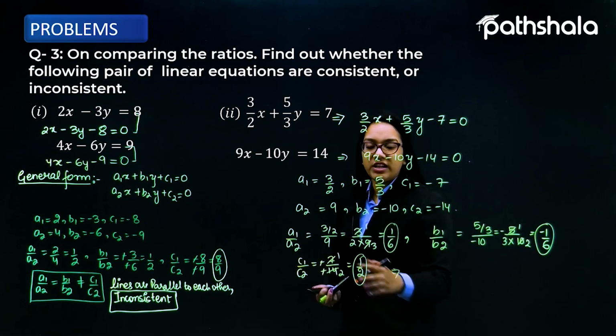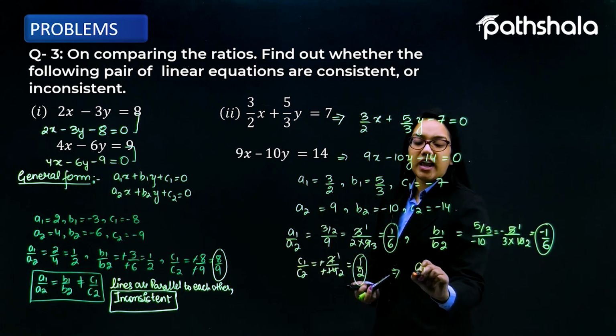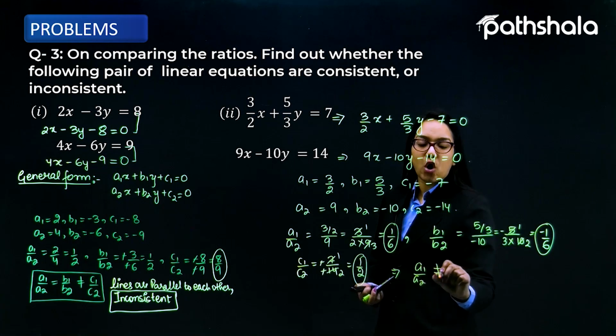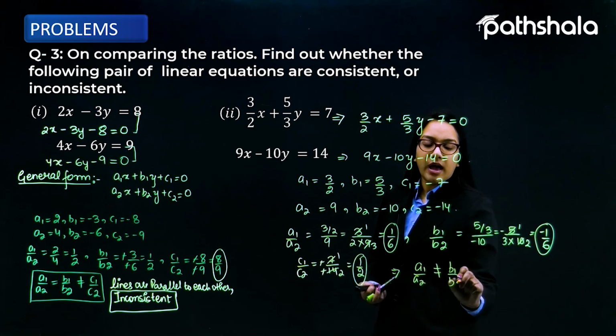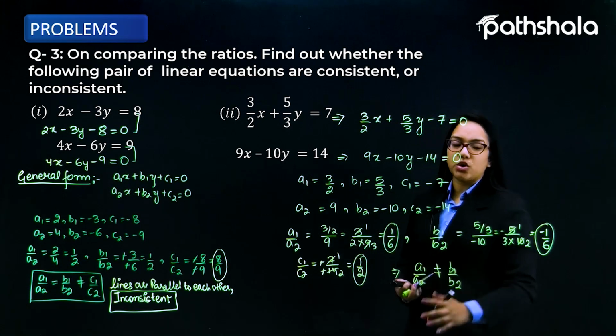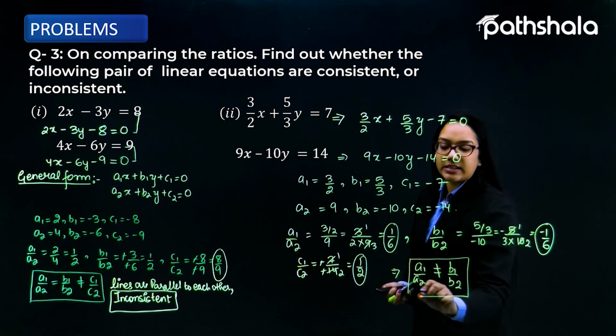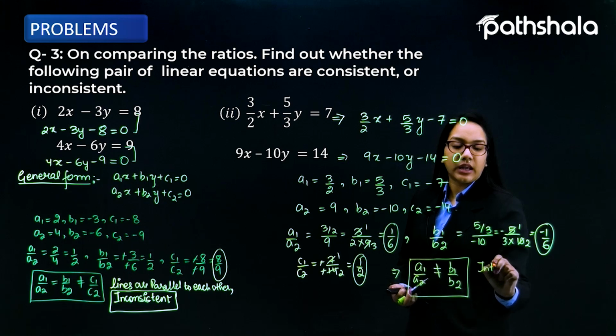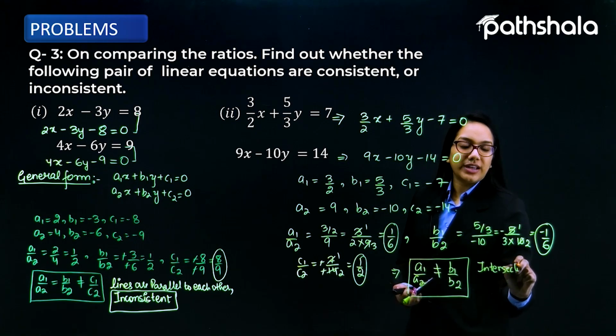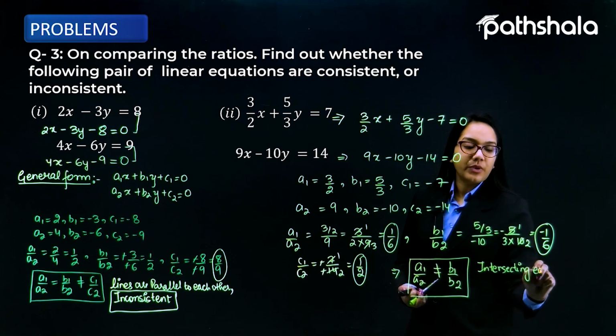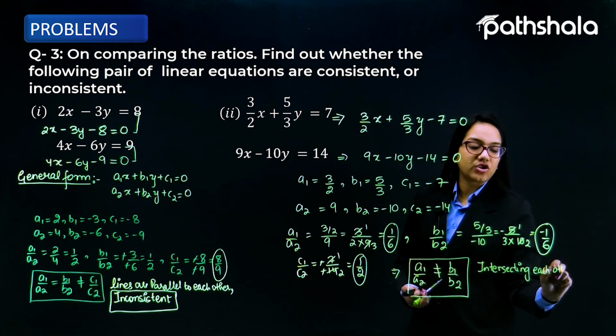From all these ratios we can say that a1 by a2 is not equal to b1 by b2, and if a1 by a2 is not equal to b1 by b2, the two lines are intersecting each other at a point.